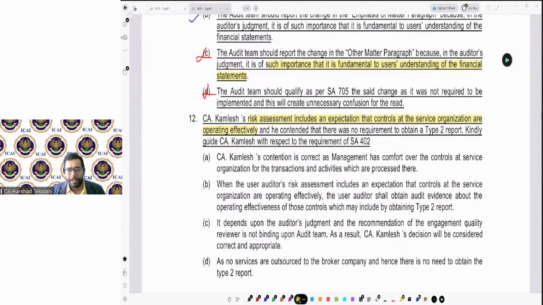What is the correct option over here? Good, Sumit. Good, Janvi.